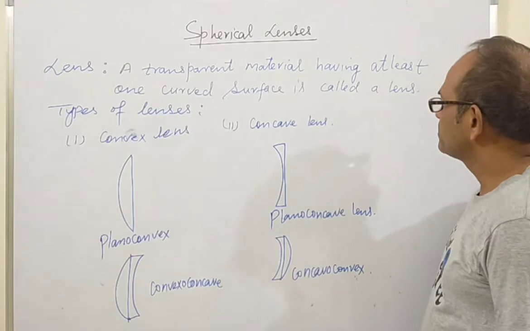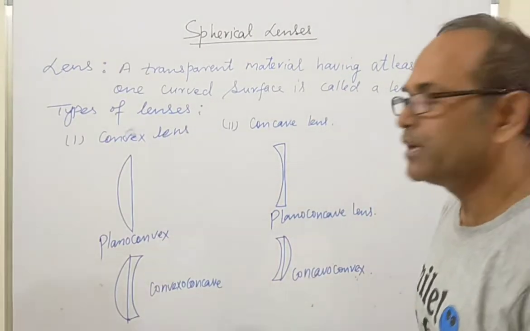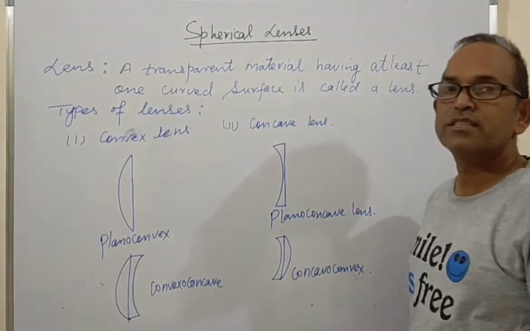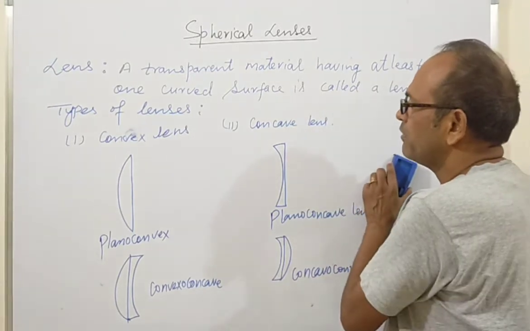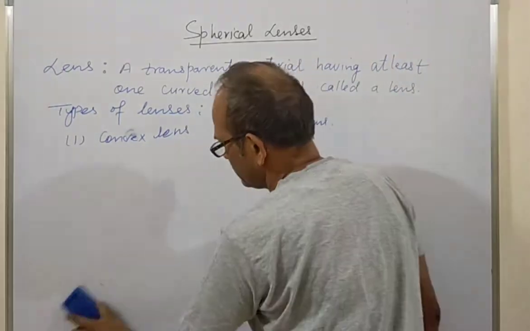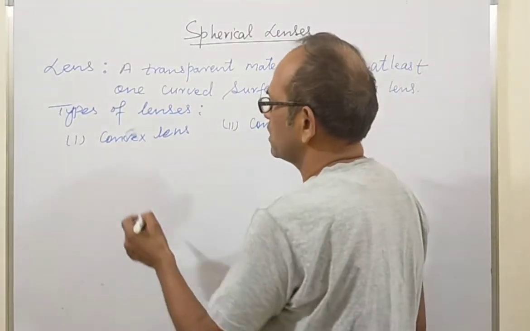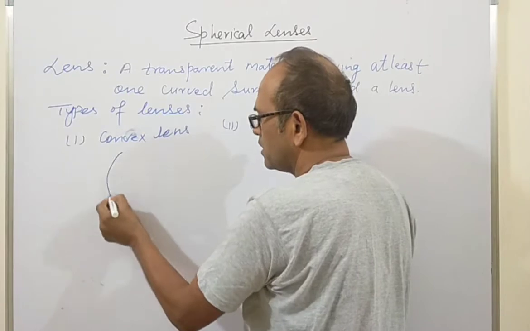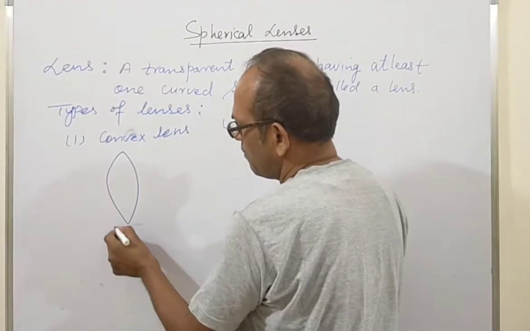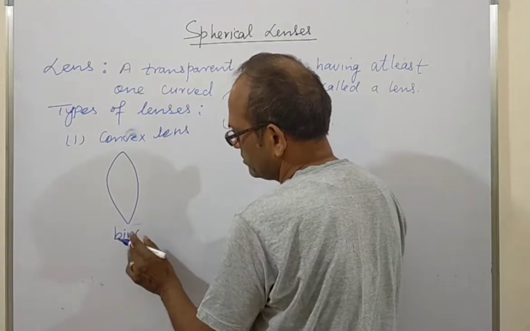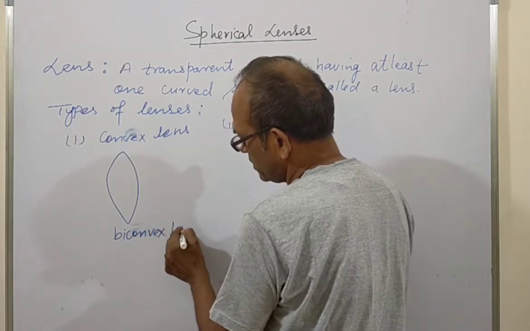Again, students, both the surfaces may be curved, both the surfaces may be externally bulged. So here we have another type of convex. If both the surfaces are externally curved, then this is called biconvex lens.